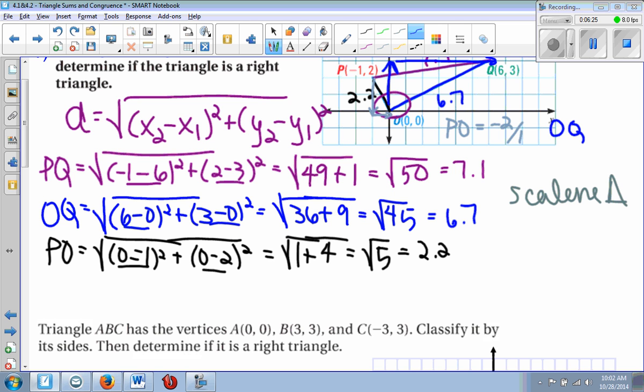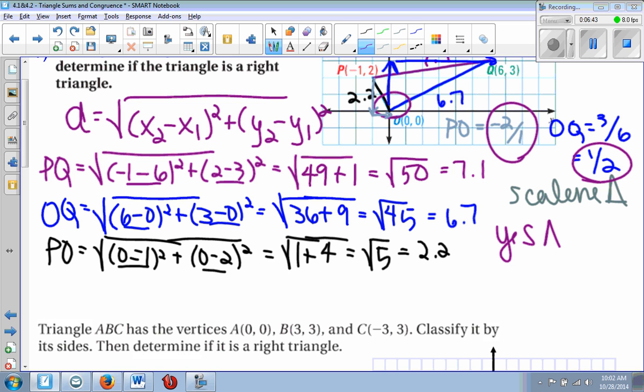So OQ would be up 3 and right 6, which would be a reduced slope of 1/2. If you look at the two slopes, one of them is -2, one of them is 1/2. They are opposite reciprocals, which means yes, this triangle is a right triangle.